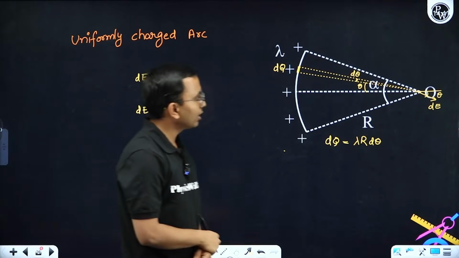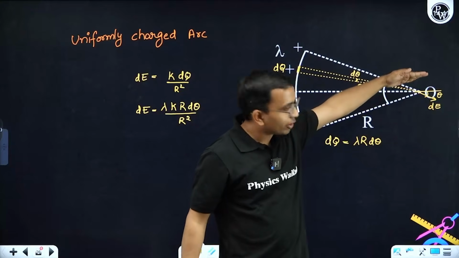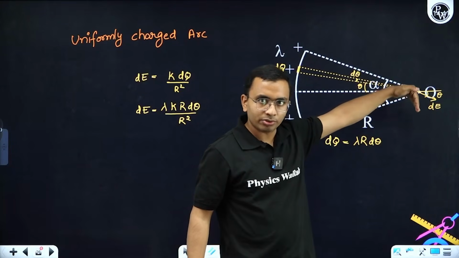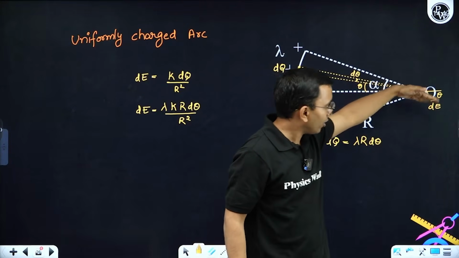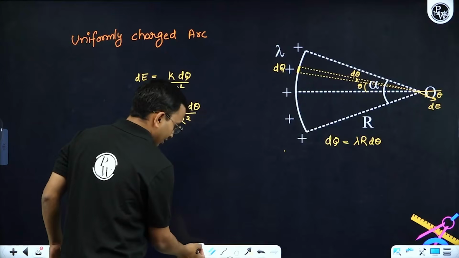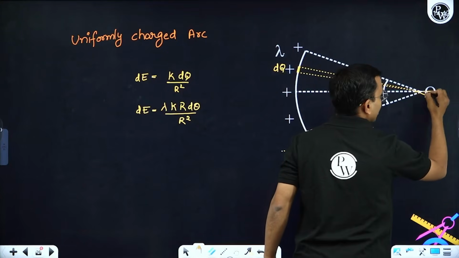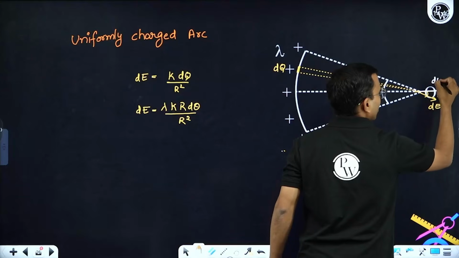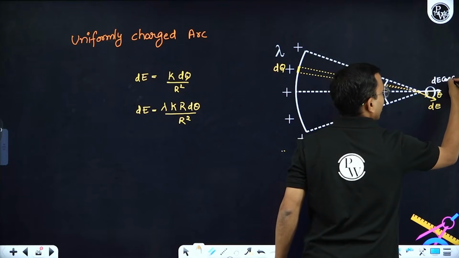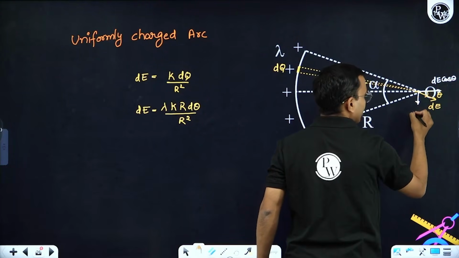Now, this dE will have a horizontal component also, and a vertical component also. If I write the components, horizontal component is dE cos theta, vertical is dE sin theta.